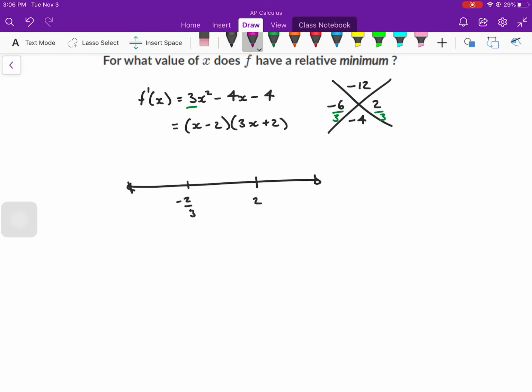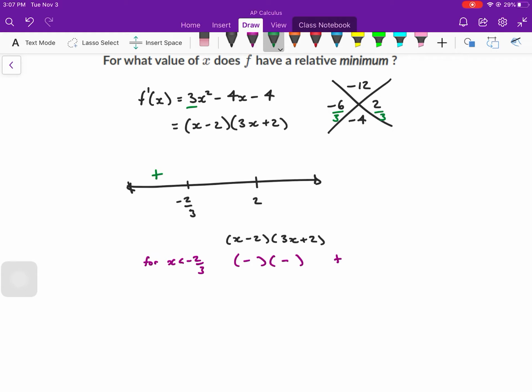So if we test for x less than negative 2/3, if we plug it into here, something less than negative 2/3, so like negative 10. So if you were to plug a negative 10 in, negative 10 minus 2, that's negative. This one would also be negative. So multiply those to get positive. So it's positive on this interval here.